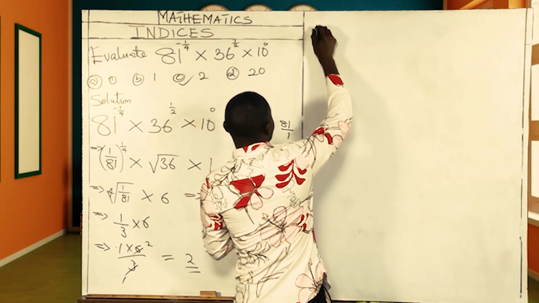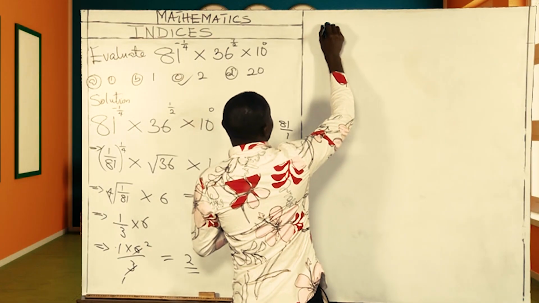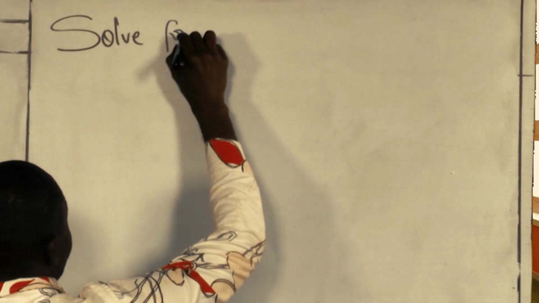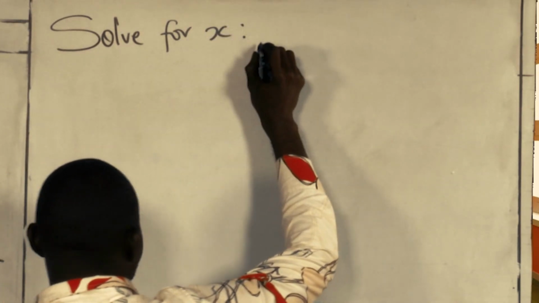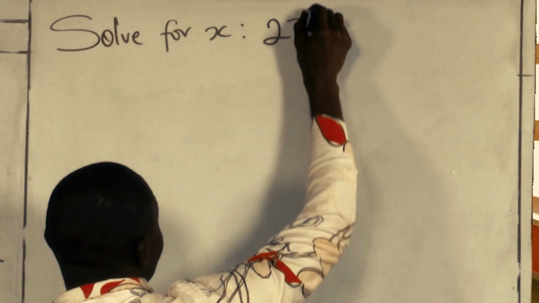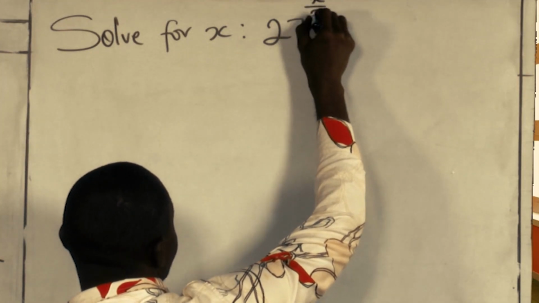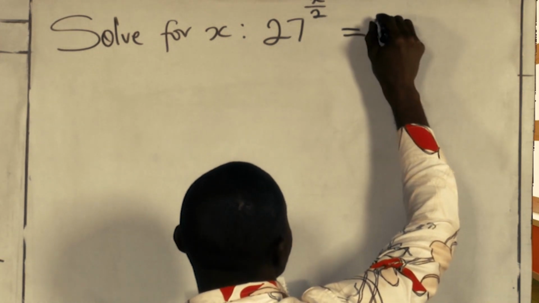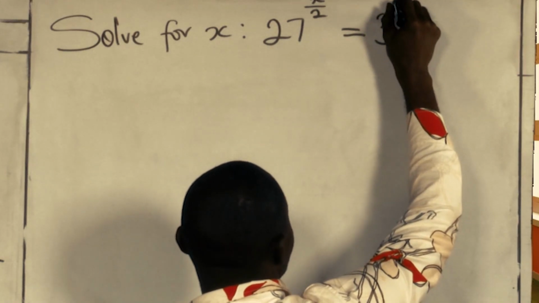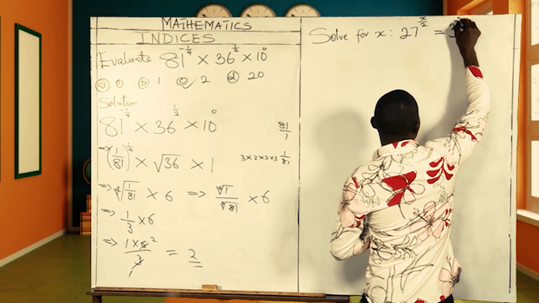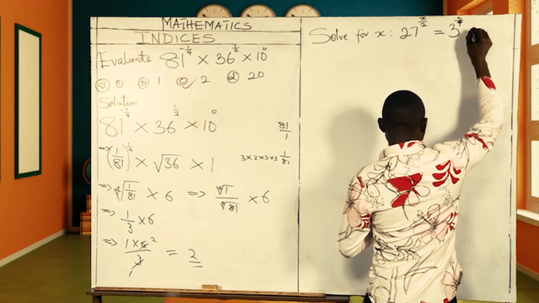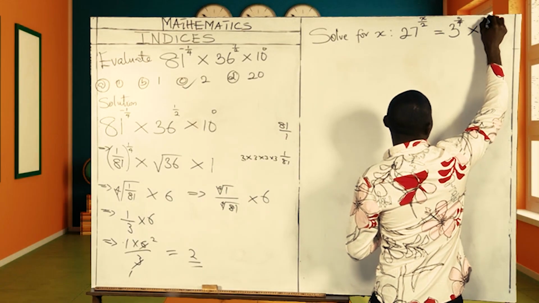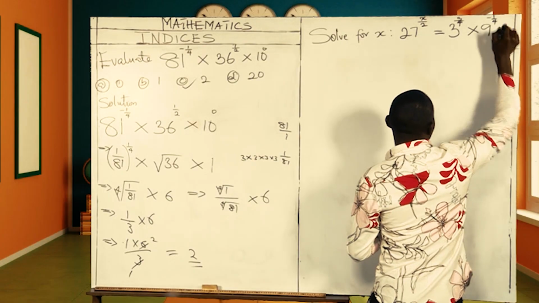Next question says, solve for x in 27 raised power x over 2 equals to 3 raised power 3 over 4, multiplied by 9 raised power minus 1 over 4.